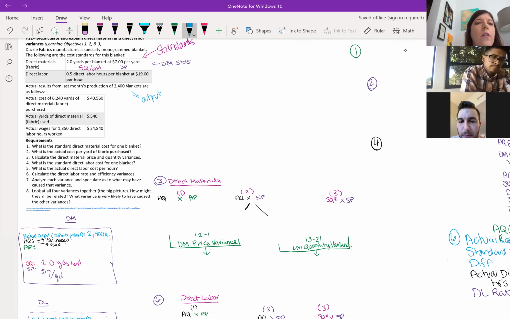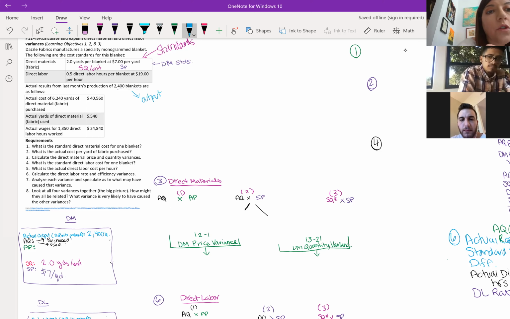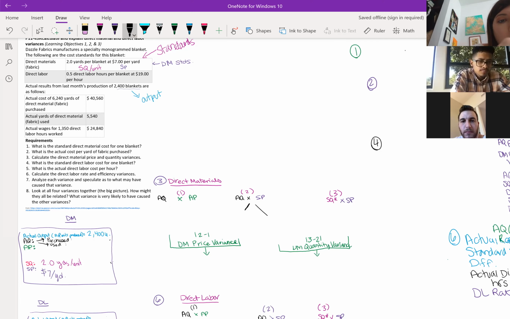Actual cost of 6,240 yards of direct material purchased. So actual quantity purchased is the 6,240 yards. And they paid a total of 40,560 for those actual yards purchased.